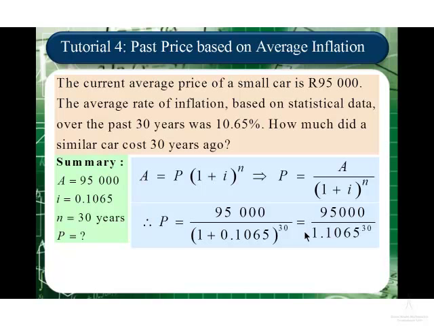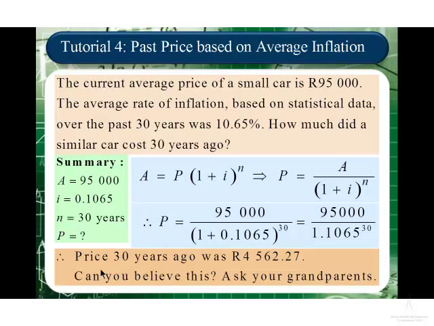So if we calculate, simplify, we see that the price of a similar car 30 years ago was 4,562 Rand and 27 cents. Can you believe this? Well, maybe you should ask your grandparents about that.